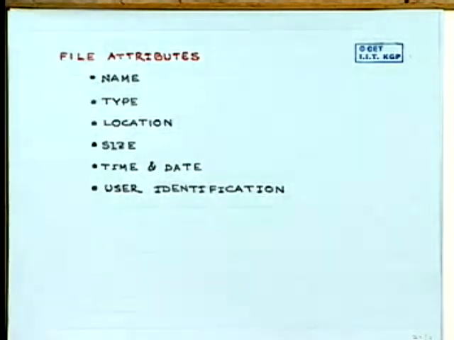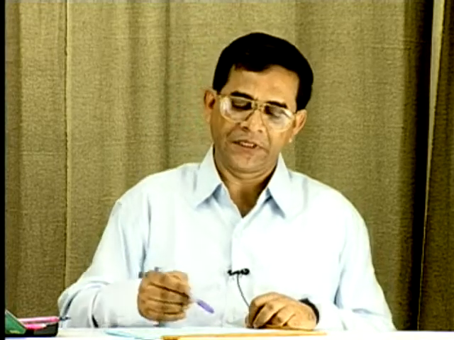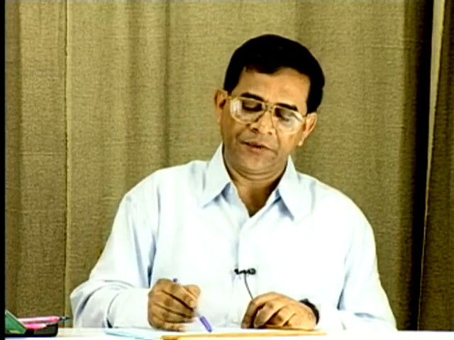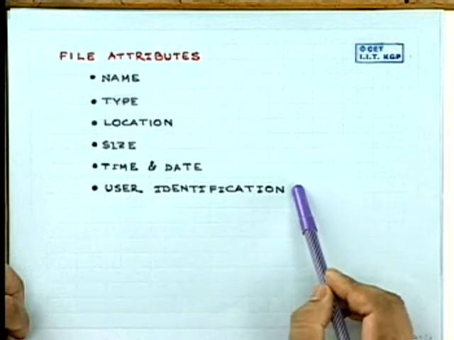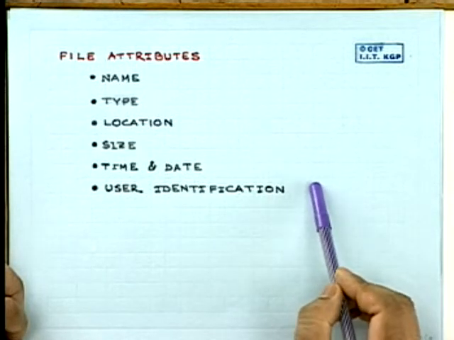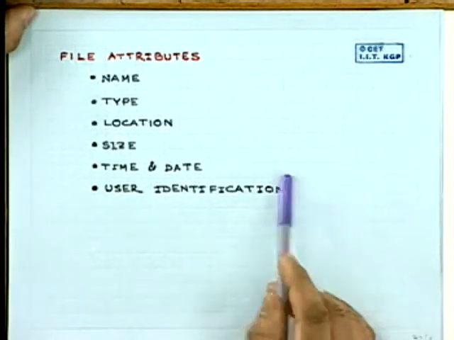For example, it can be the time and date of creation, of the last access, or of the last modification, etc. All this information can be kept. User identification is naturally another attribute that has to be there. For example, who is the creator, who all can use this file, etc.